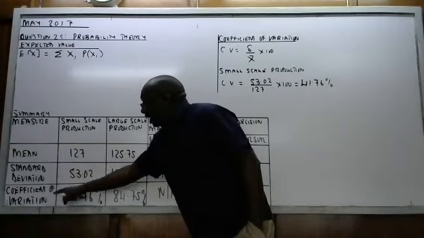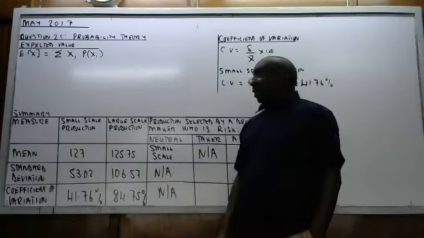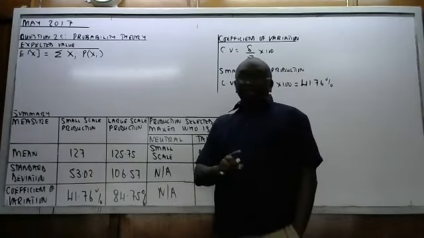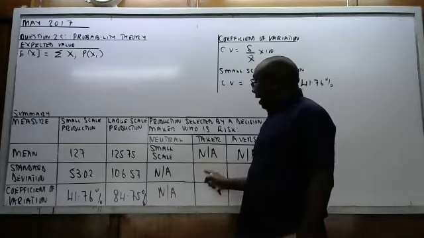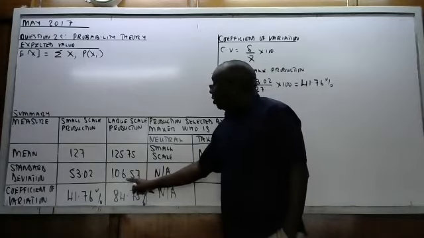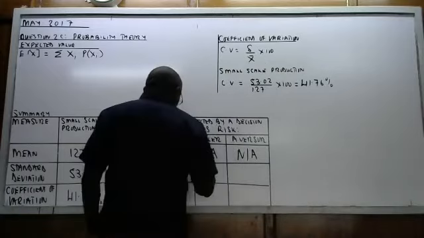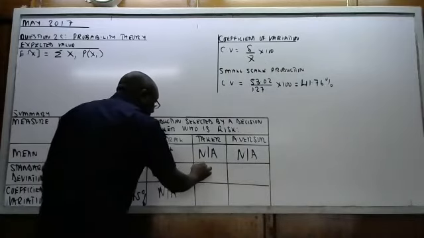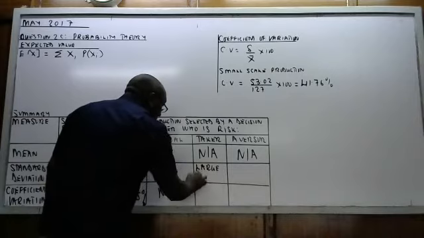One is standard deviation, the other is coefficient of variation. The higher the value, the higher the risk. So the risk taker, going by standard deviation, will go for the large scale.